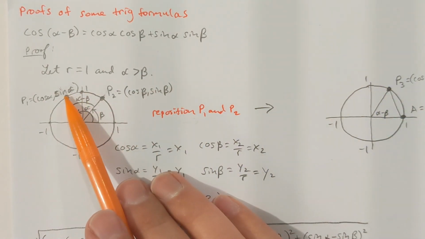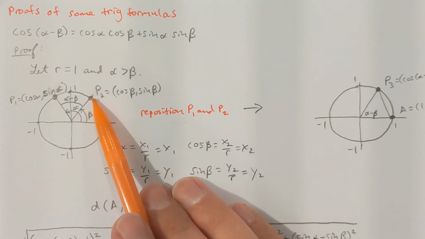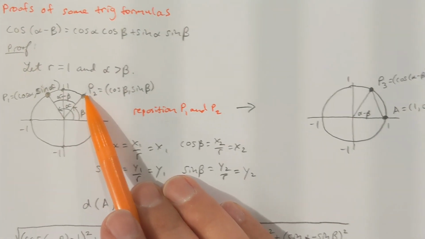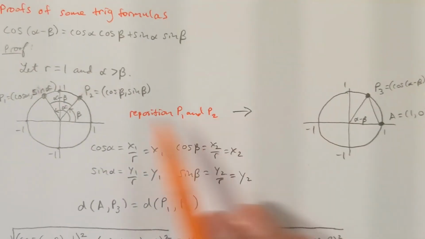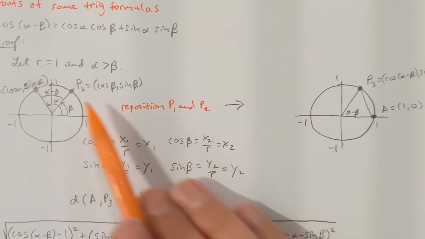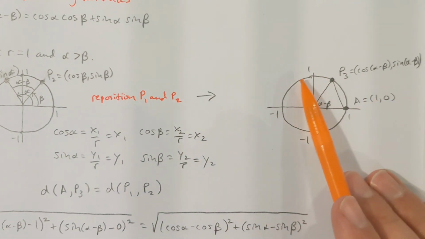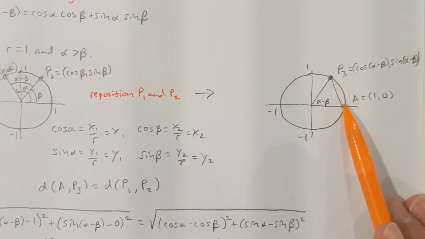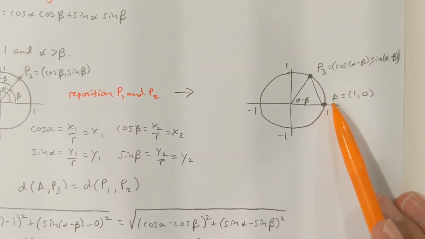Now I'm going to redraw this in such a way so that point P2 is located right at the point 1, 0. Point P1 is going to shift as well. This angle, alpha minus beta, is going to stay the same. I'm just simply rotating these 2 points and positioning them so that point P2 is now at the point 1, 0, which I'll call point A.